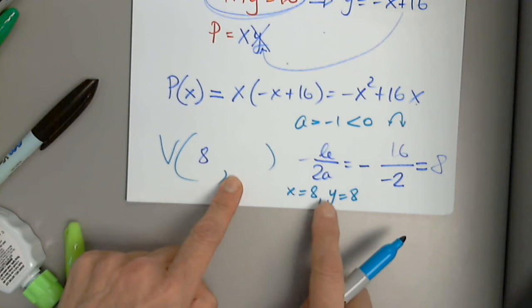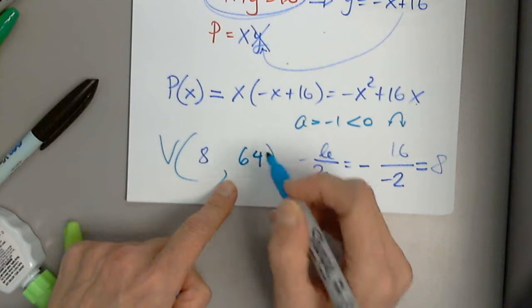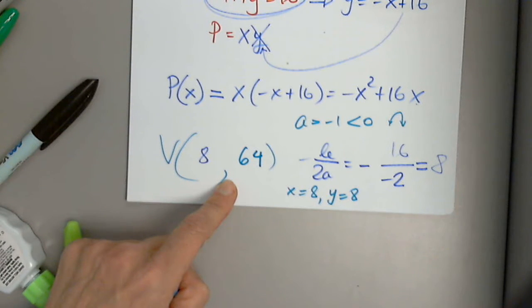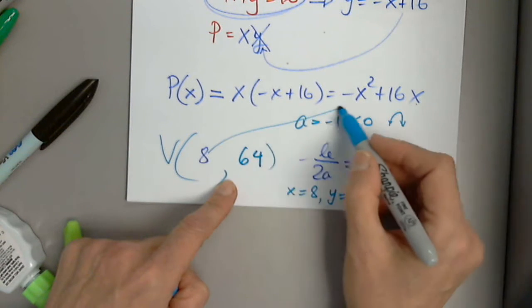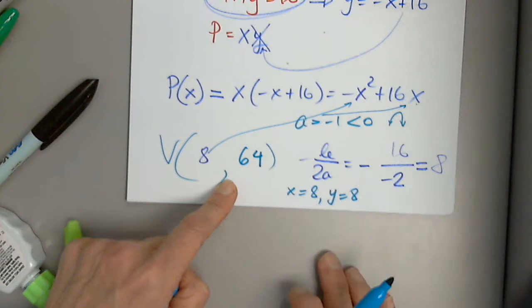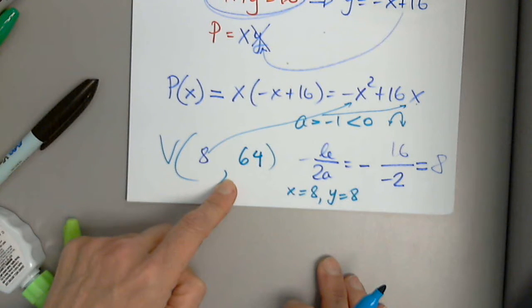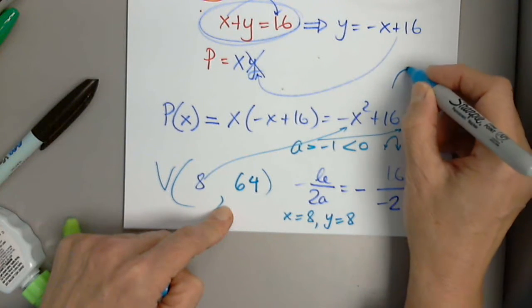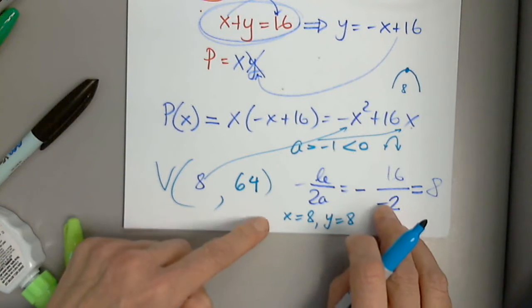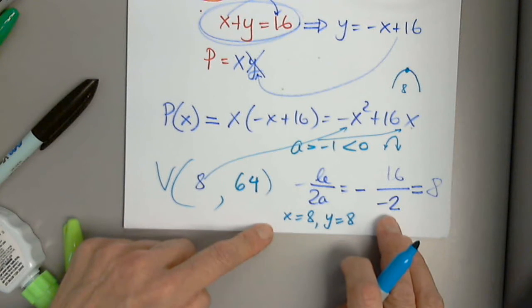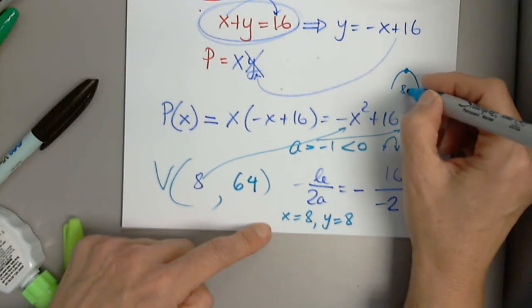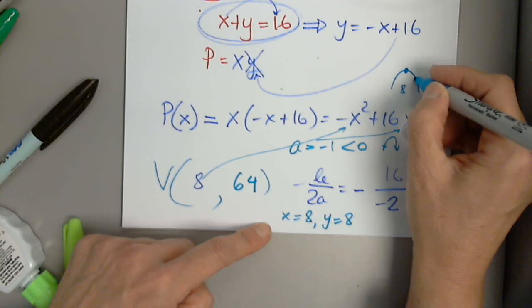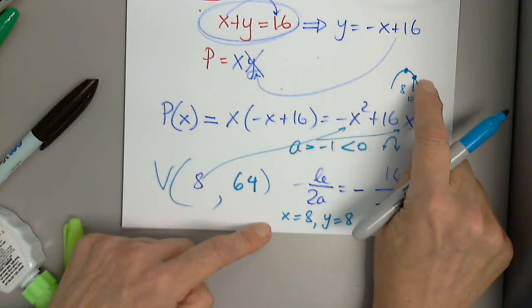Which is 64. Or you plug in 8 in the function, and you will get guaranteed the same number. So when you look at this function with a maximum at 8, do not think that if you increase x to 10, you are going to get a maximum product.